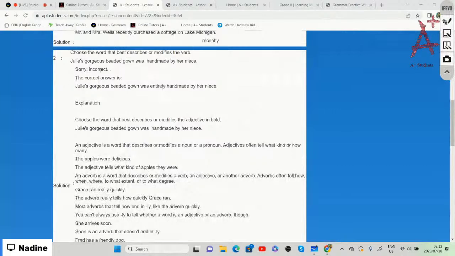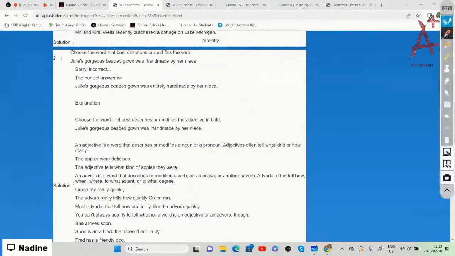Julie's gorgeous beaded gown was, we need to choose between entire or entirely handmade by her niece.